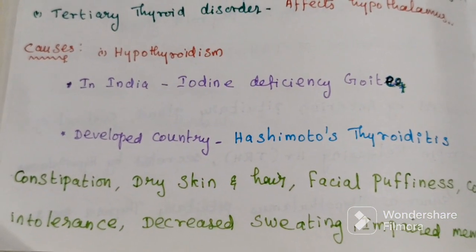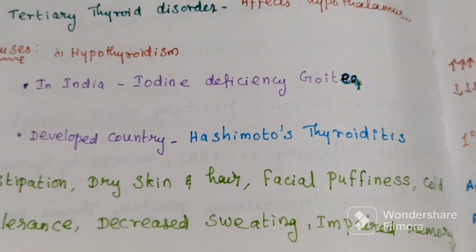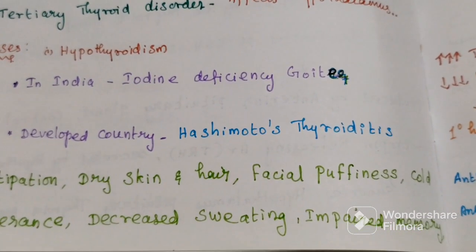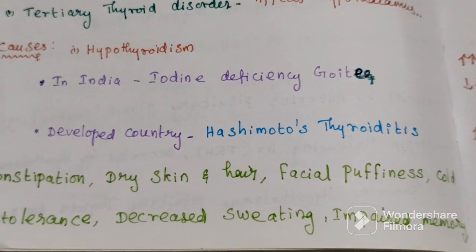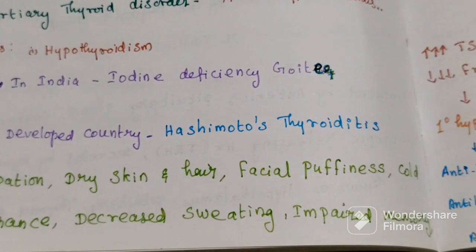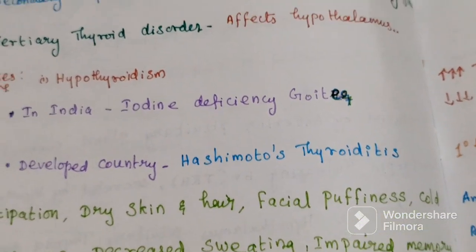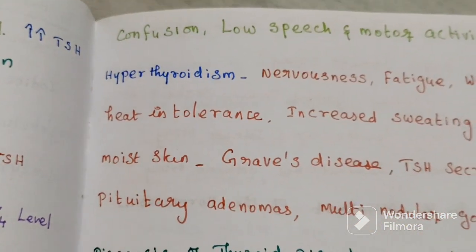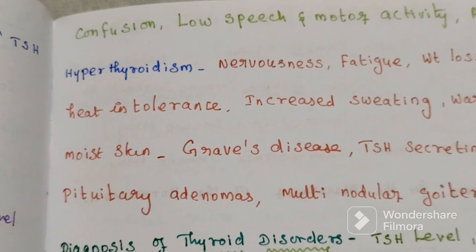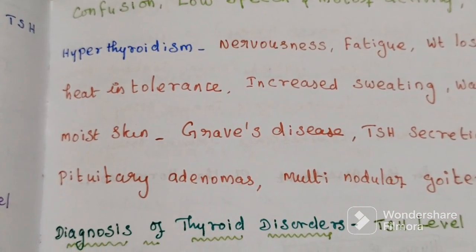What are the symptoms? Hypothyroidism causes constipation, dry skin and hair, facial puffiness, cold intolerance, decreased sweating, and impaired memory. Then confusion, slow speech, and slow motor activity.